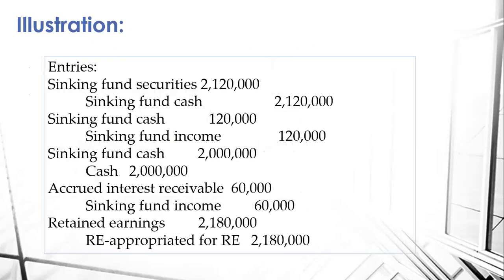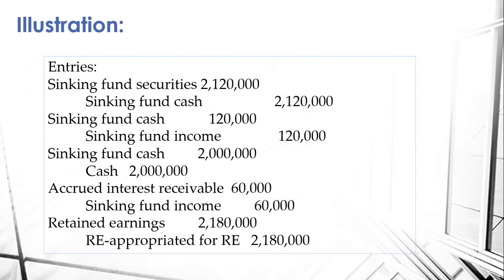Sa entries, record ko sa sinking fund: debit sinking fund securities 2,120,000, then credit ka sa sinking fund cash 2,120,000. Then next is debit sinking fund cash 120,000, so credit ka sa sinking fund income ng 120,000.